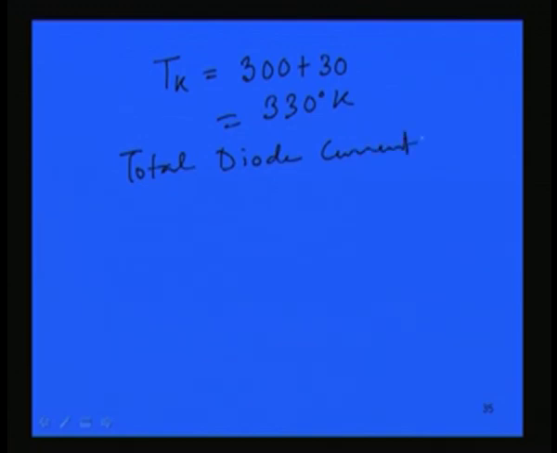The new Kelvin temperature is 330 degree Kelvin, because earlier it was 300 and now it has changed by 30 degrees. So, the total diode current for this new temperature will be ID equals 50.72 into 10 to the power minus 7 into exponential 11600 into 0.25, because the applied voltage is 0.25 volt, by 330, minus 1.